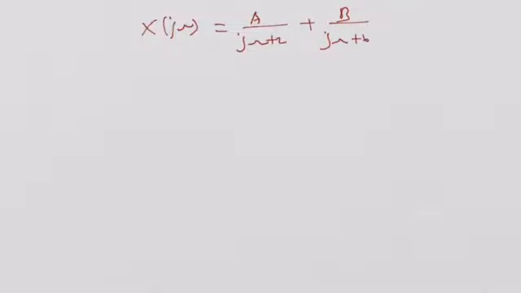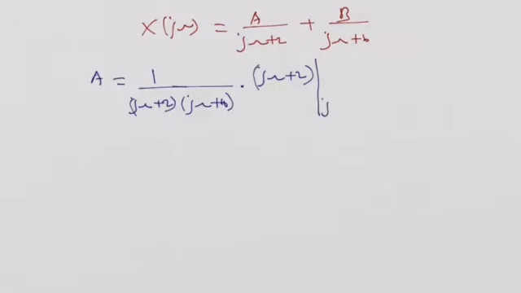So what we have to do is determine the constants a and b in this equation. If you ask me to determine a, I should take the entire expression multiplied with j omega plus 2, and upon simplification replace j omega with minus 2. If I do this, surprisingly j omega plus 2 gets cancelled. Now 1 divided by j omega plus 6 remains. When I substitute j omega equal to minus 2, the result is 1 over minus 2 plus 6, which is 1 over 4, isn't it?